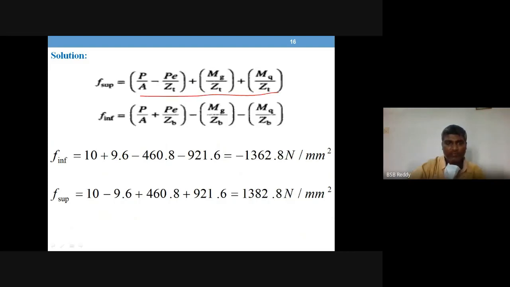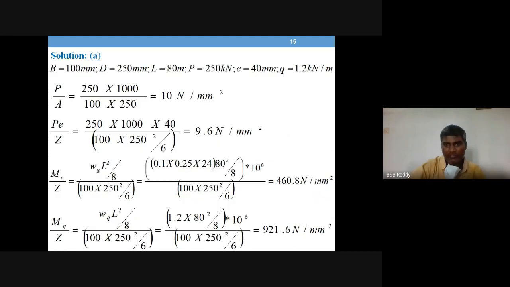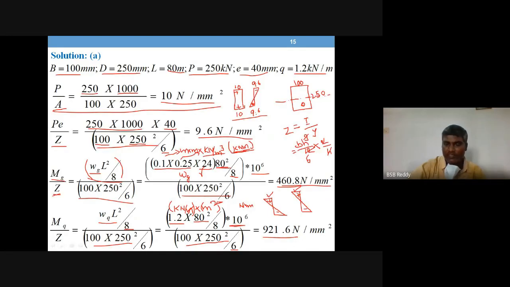For the top, plus 10 minus 9.6 top value plus 460.8 plus 921.6, so the stress in concrete at top is 1382.8 megapascal, Newton per mm square. For the bottom, even from the diagrams, plus 10 plus 9.6 minus 460.8 minus 921.6. That is about the bottom.